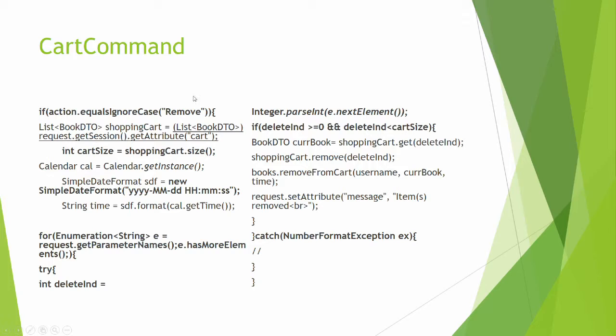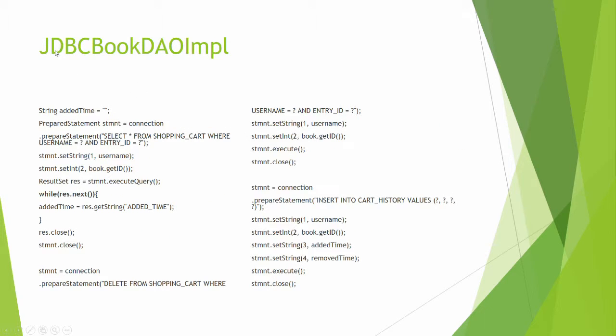Since the book is in the shopping cart already, a cart command will be triggered, so that the book DTO will pass the book to the JDBC book DAO implementation, and then the delete from shopping cart where username equals question mark and entry info equals question mark will be executed. It will also insert a value into the cart history, so that we can keep track of what the user has been deleting and adding.